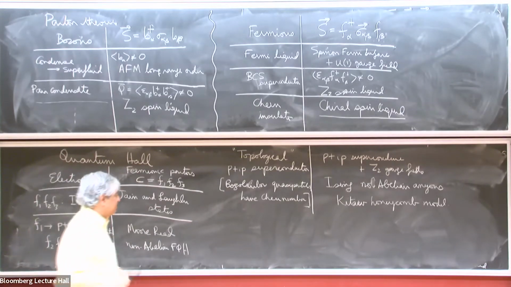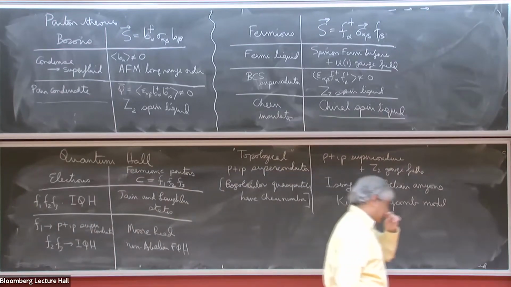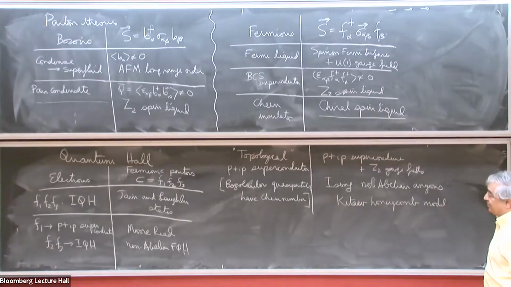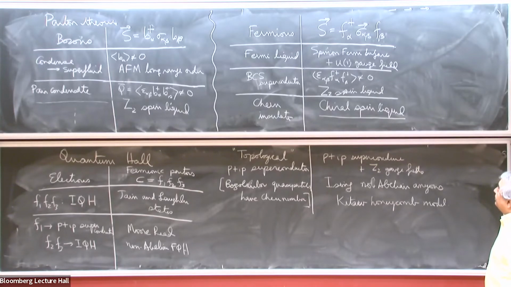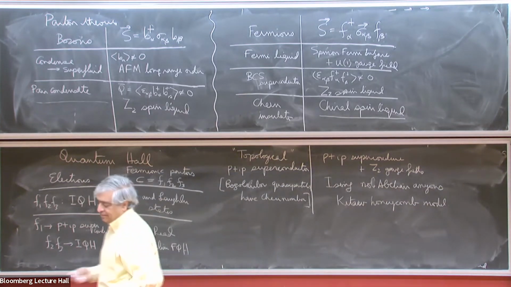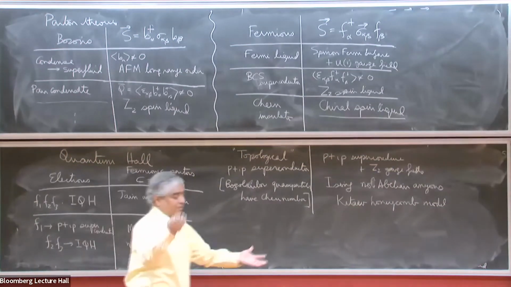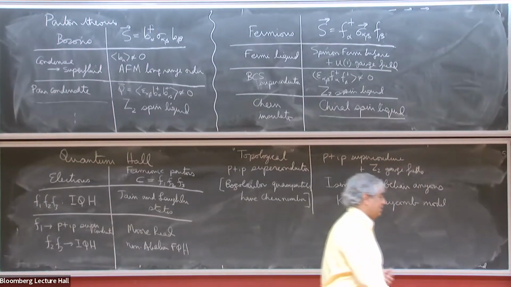Okay, so that's pretty much it. Once you get comfortable with this parton approach, you can just work out all of these cases and pretty much exhaust all the possible exotic gapped phases of matter that are being studied these days, or have appeared in numerics or some experiment.